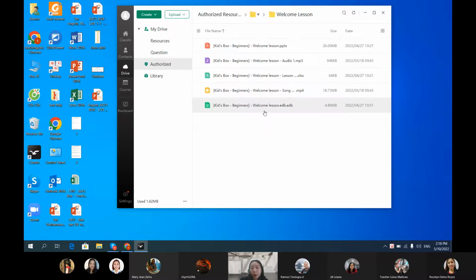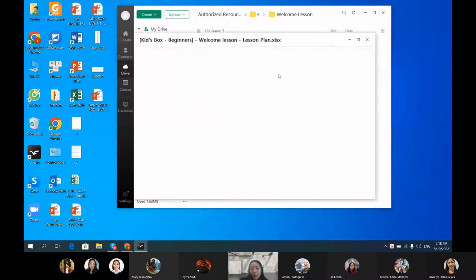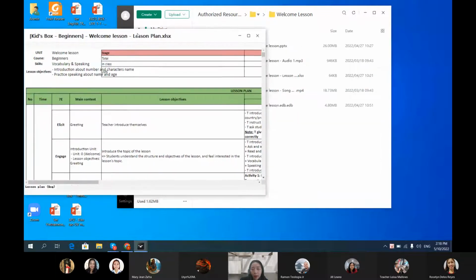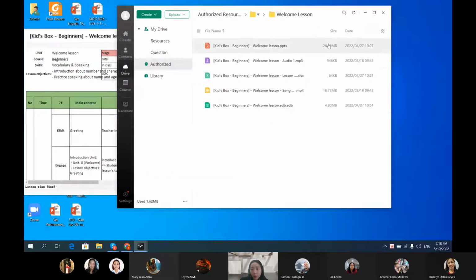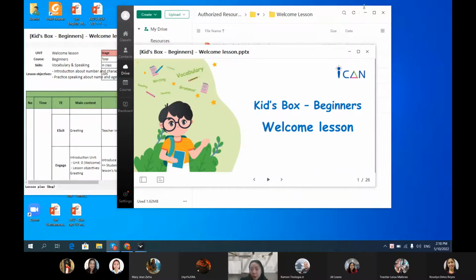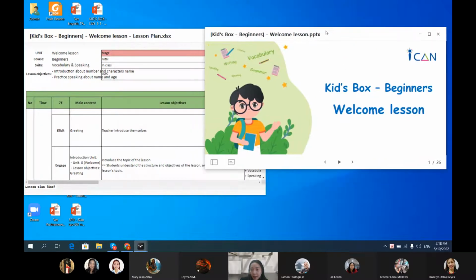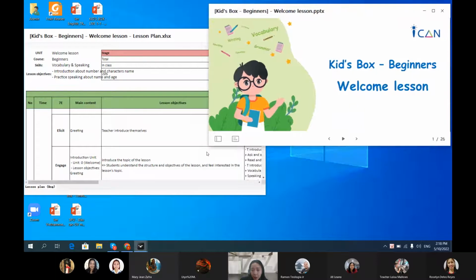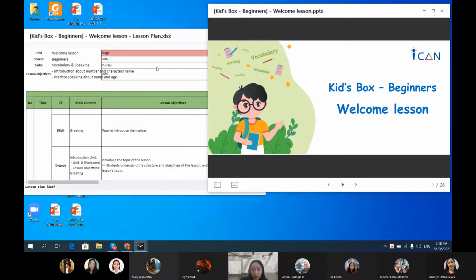You just need to go straight to the lesson and read the lesson plan, and everything will be here. Please zoom in in case it's too small to read, because I cannot make this bigger.